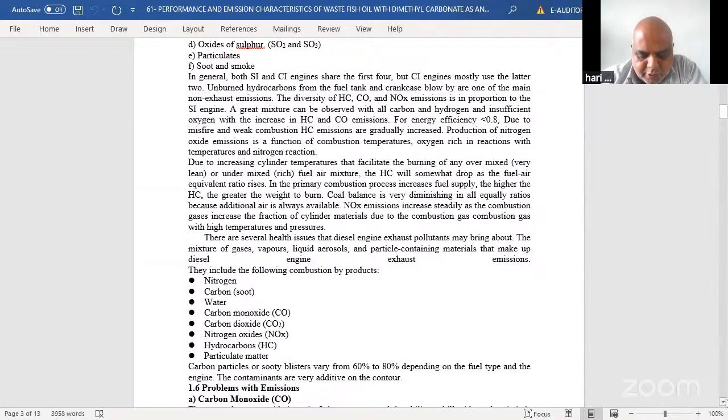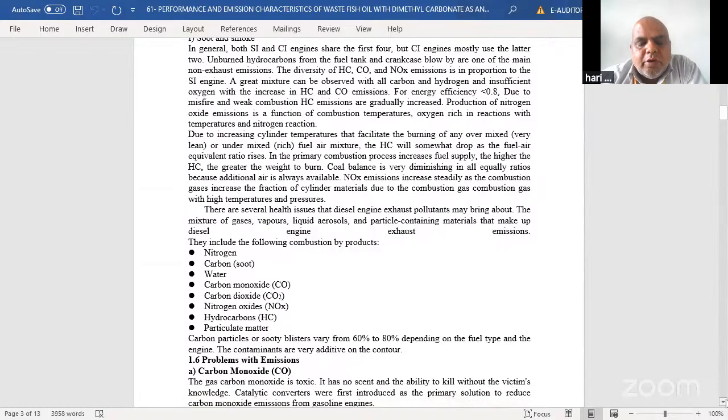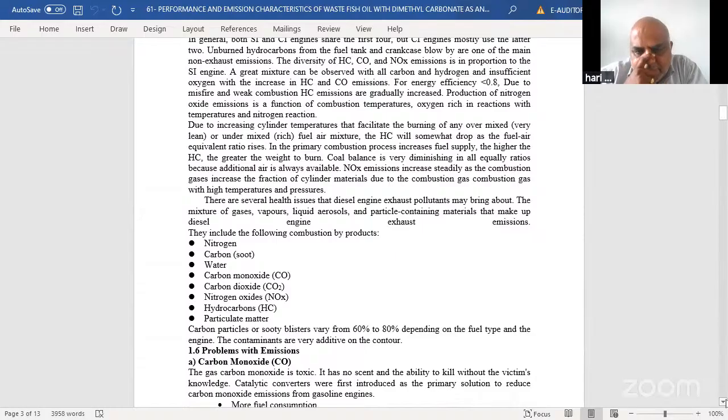So when you go for this combination, there is an increase in NOx emissions and a decrease in smoke emissions. So if you want to decrease the emissions, once again a compromise between the brake thermal efficiency and emissions is required. That's why we selected the best blend for the examination.